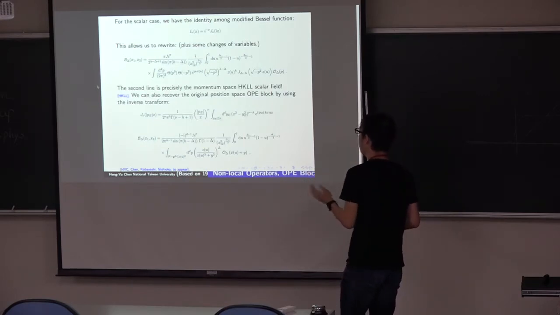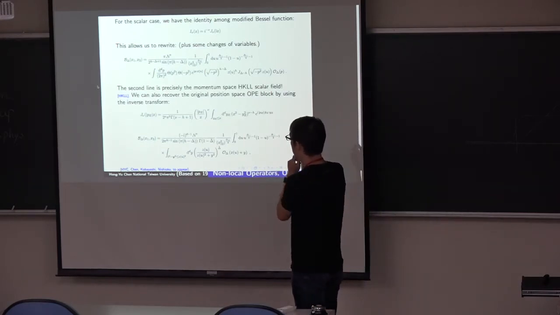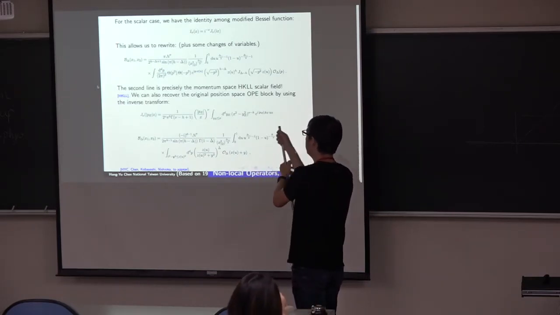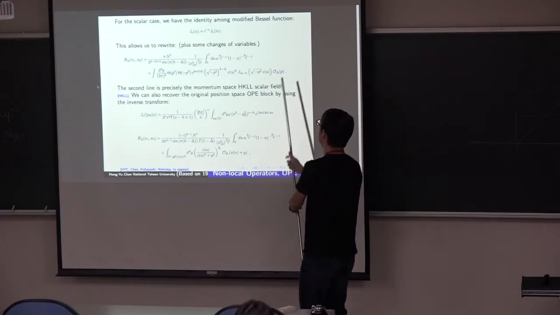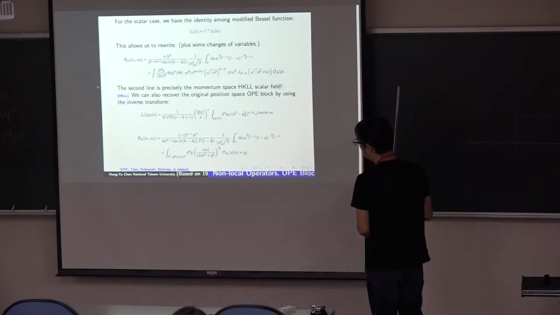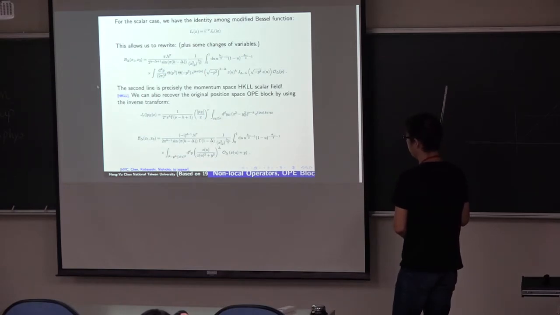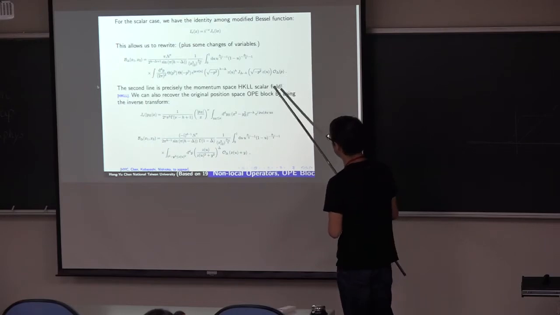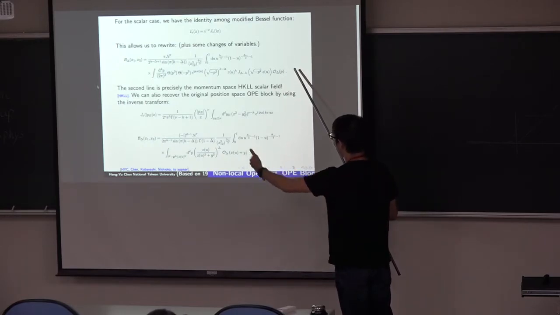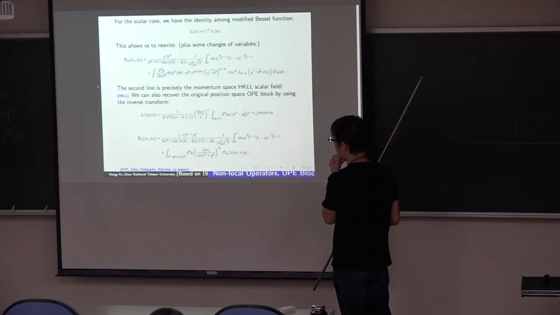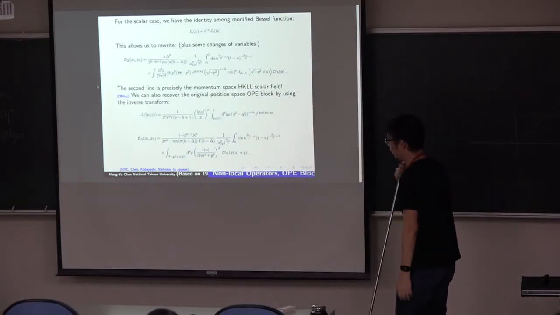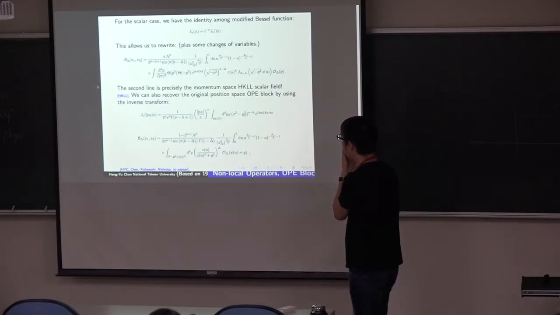But probably the better way, and that's what we are tidying up right now, is to think about those bulk fields in terms of this HKLL representation, then directly apply those transformations in the boundary CFT, on the boundary field we have introduced in this HKLL representation, and then you obtain the bulk field, their corresponding holographic field.